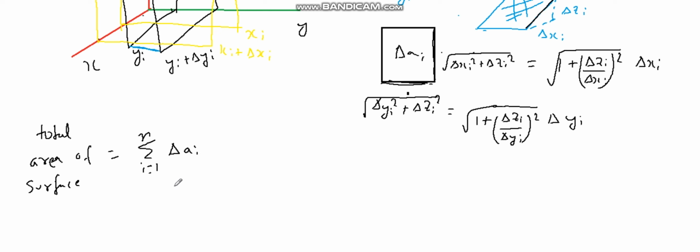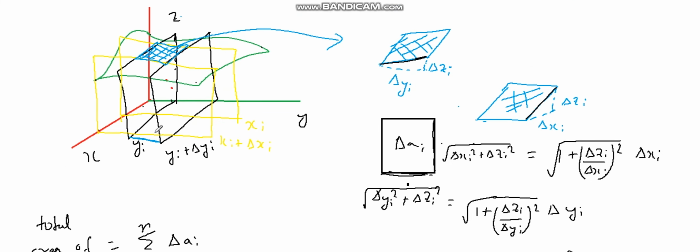Right. Now what we do again, we have two variables x and y, so all the delta xi is just delta x, and all the delta yi is delta y. So we are just distributing these planes into equal distances.